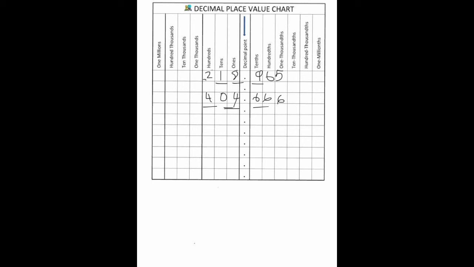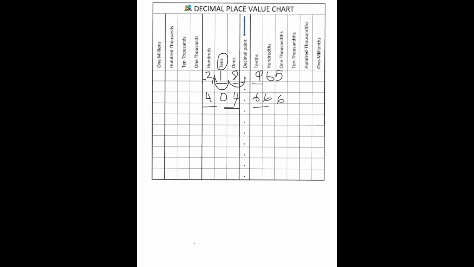We have the place up here. We already know the place, but in case you don't know the place, just figure out where this number is compared to the decimal point. So this is 2 jumps to the left of the decimal point, so that means it is in the tens place. Next, we have to find out the value.